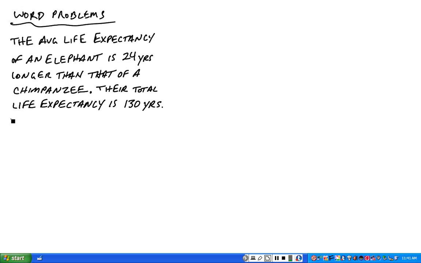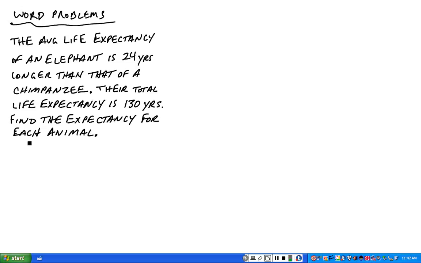Okay, so we want to find the life expectancy for each animal. Alright, so here we go. We have the average life expectancy of an elephant is 24 years longer than that of a chimpanzee. Their total life expectancy is 130 years. Find the life expectancy for each animal. So basically we want to find the life expectancy of the elephant and of the chimp.